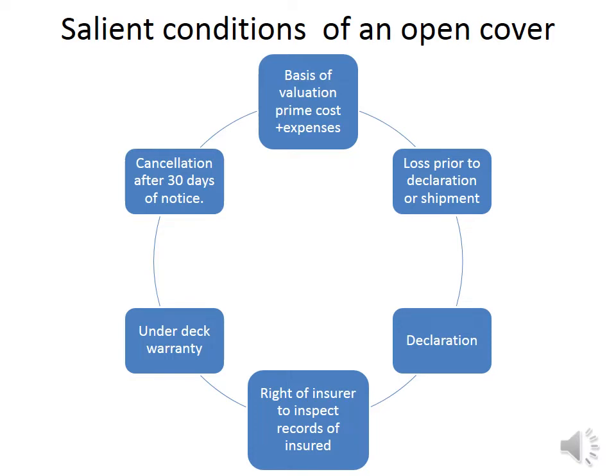The right of insurer to inspect records of the insured. There is a right of insurer to inspect records. Yes, if they feel that you are having some problem, you are not giving proper declaration, or there is some intention which they may suspect as fraud.